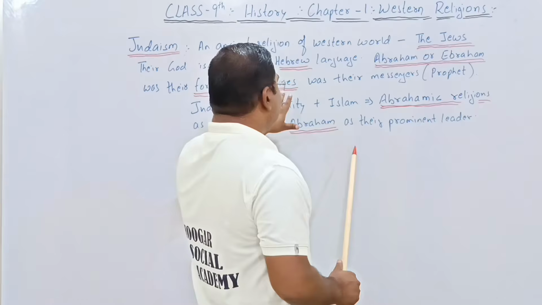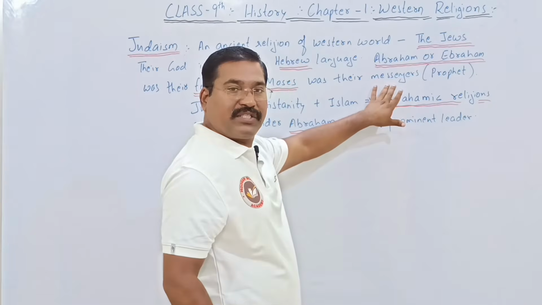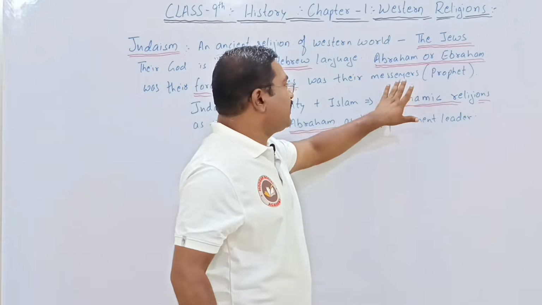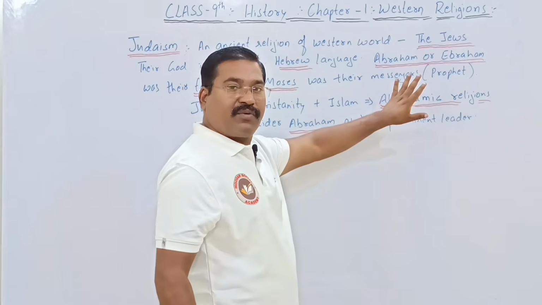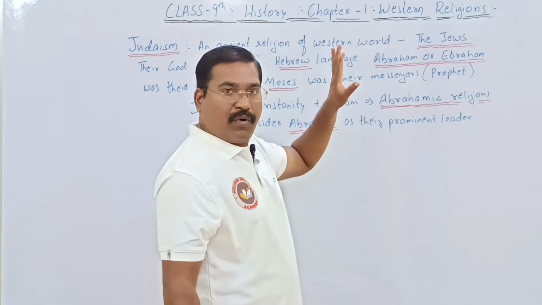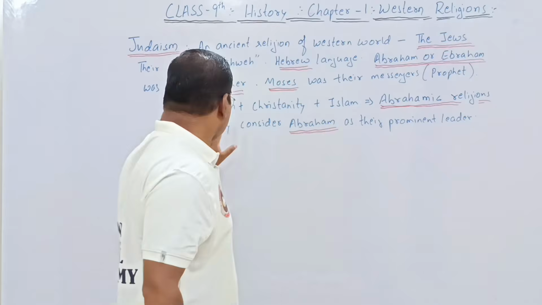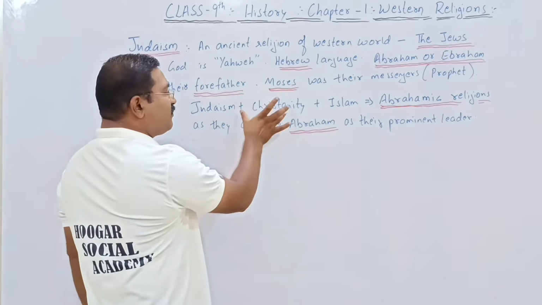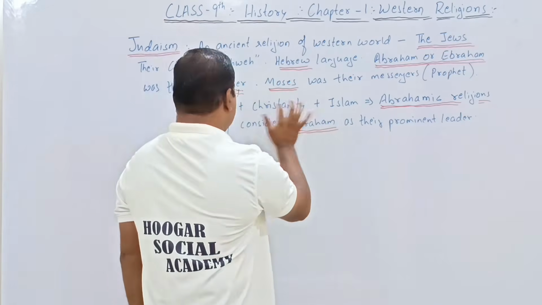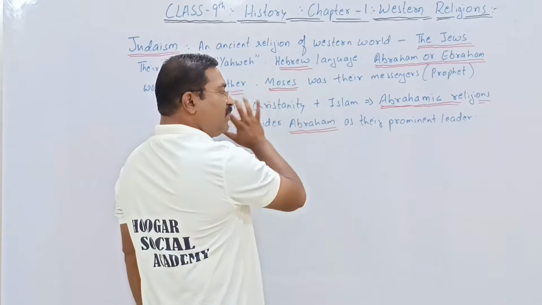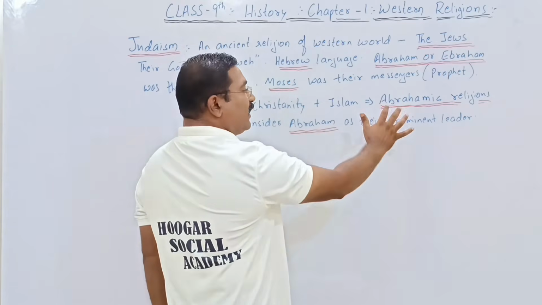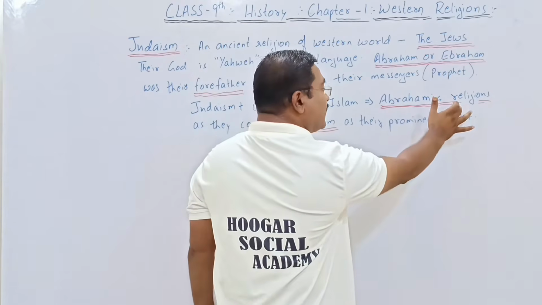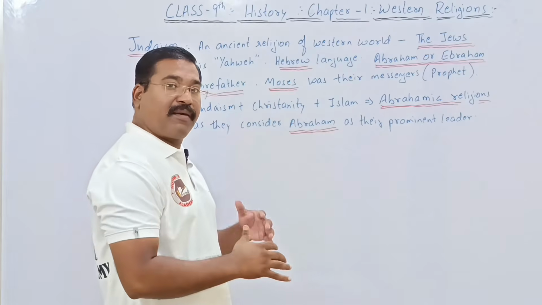And Moses is the messenger. Okay, the prophet. Messengers are nothing but the prophets who bring the words of God. So Judaism, Christianity and Islam, all three, are called Abrahamic religions.